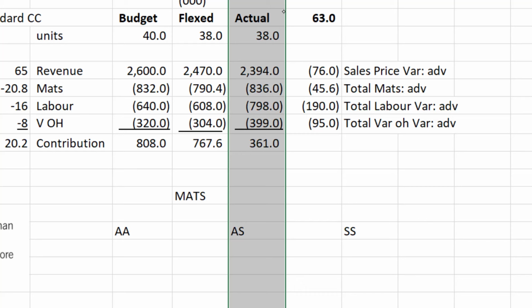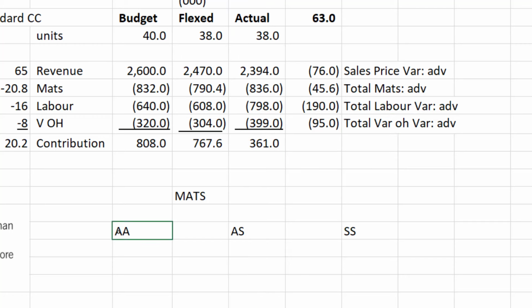AA, AS, SS. Okay? Now if I'm doing materials, I'll change it. Actual quantity, actual price, actual quantity, standard price, standard quantity, standard price. Look at that. So I'm just plugging in the name of the input and the rate.